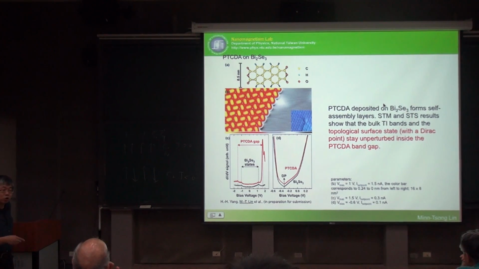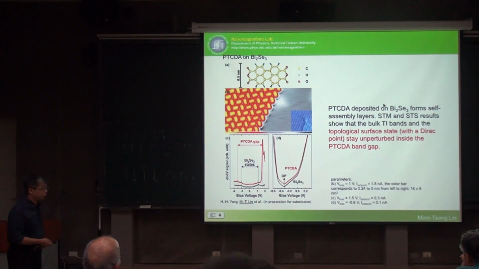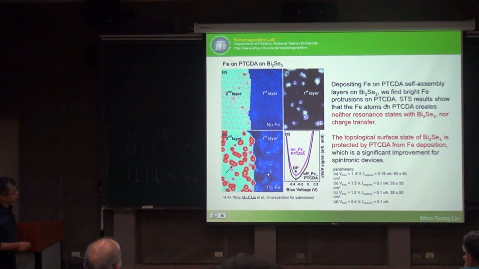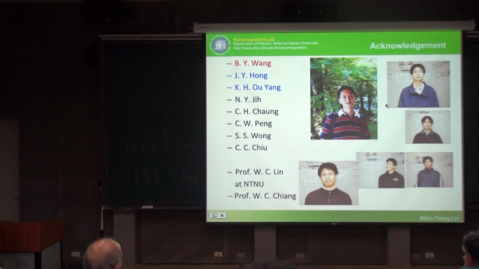Otherwise, you can destroy the topological insulator if you put an electrode to make a contact here. Here you can also see a very beautiful Dirac point. He deposited a lot of iron here, but even with direct measurement on the iron island, you can still get a very good Dirac point. I think we have the explanation, but I will skip it right now.